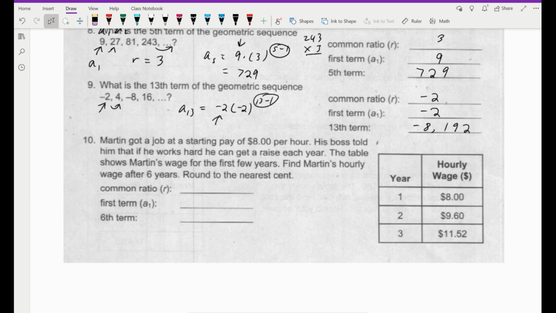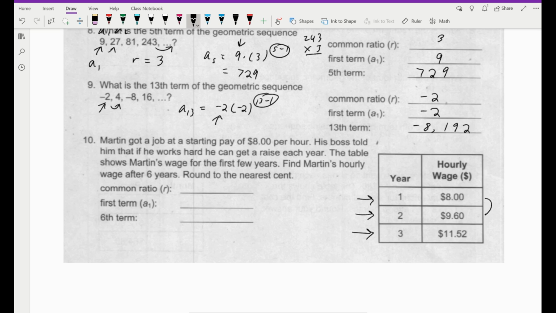Number 10. Martin got a job at a starting pay of $8 per hour. His boss told him if he works hard, he can get a raise each year. And this table here on the right shows his wages for the first few years, years 1, 2, and 3. Find Martin's hourly wage after 6 years.